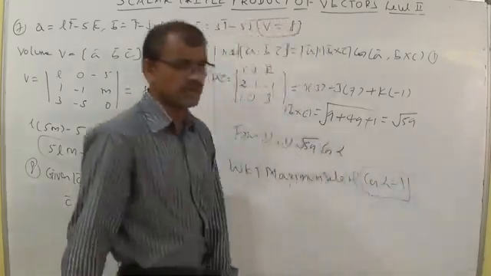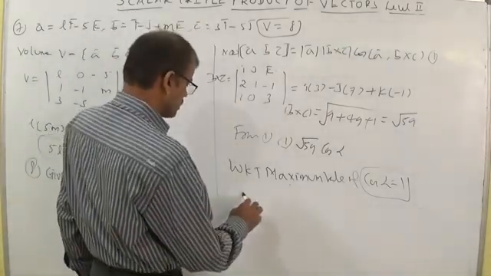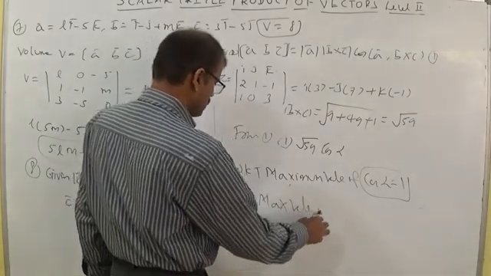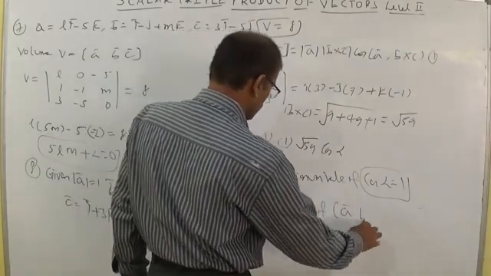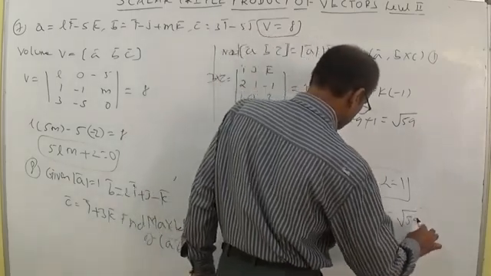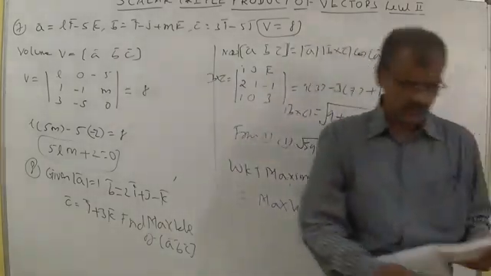For cos or sine, the maximum value is 1 and minimum value is minus 1. That is equal to max value of box ABC. Max value of box ABC is equal to root 59. That's all. Root 59 into 1 is root 59.